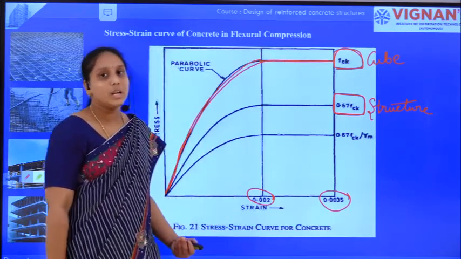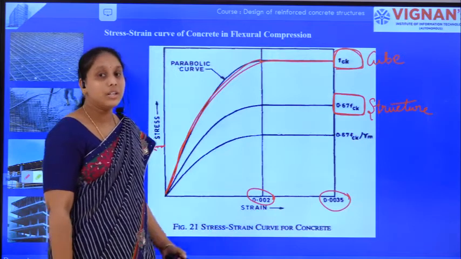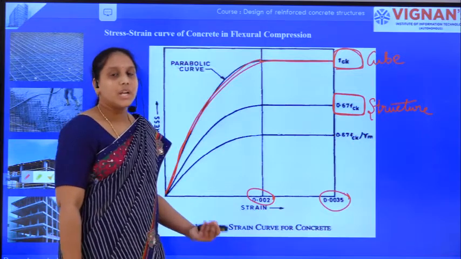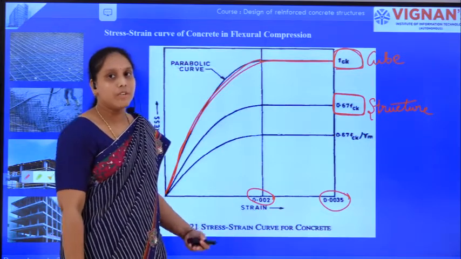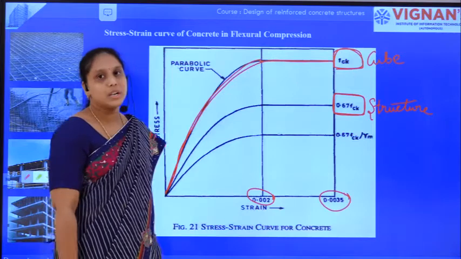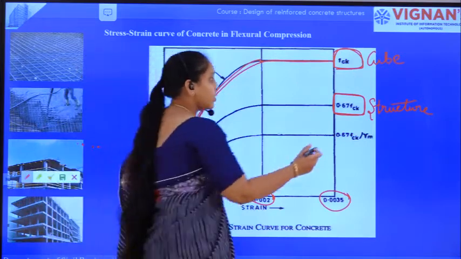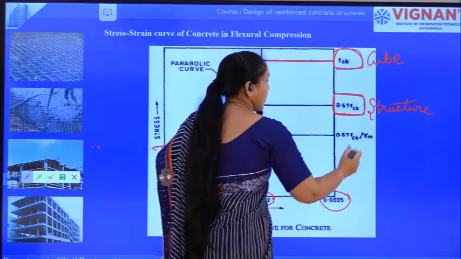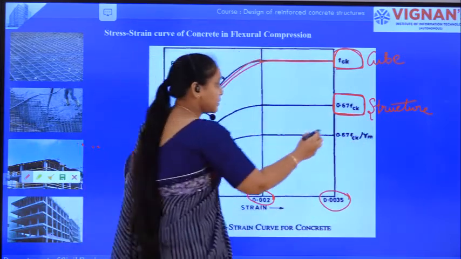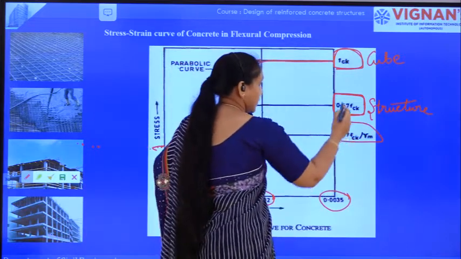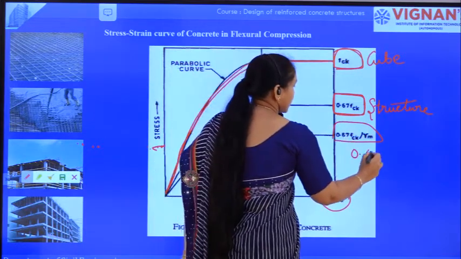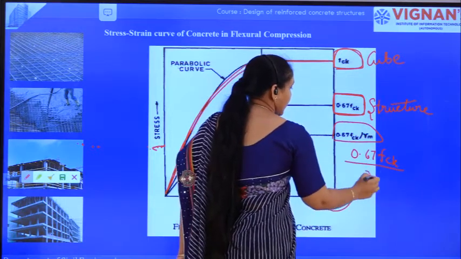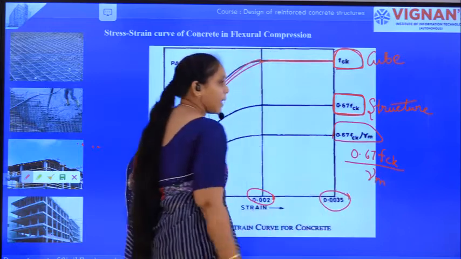But as we discussed earlier, in the design we are going to consider the design strength. We find the design strength by dividing the characteristic strength by a suitable factor of safety. As the material is concrete here, we get the equation 0.67 fck, which is our characteristic strength, divided by gamma m, which is nothing but the partial safety factor.